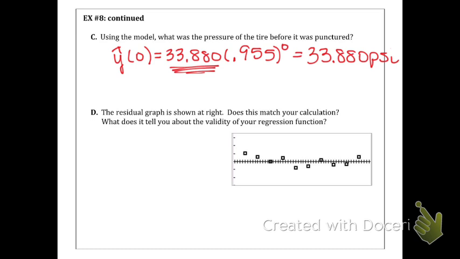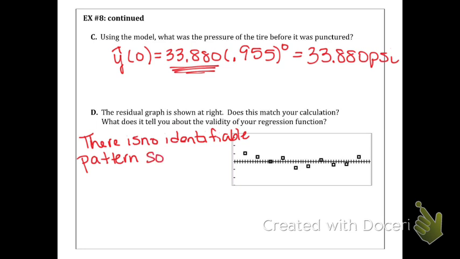So there's no identifiable pattern. So this is a good model for the data.